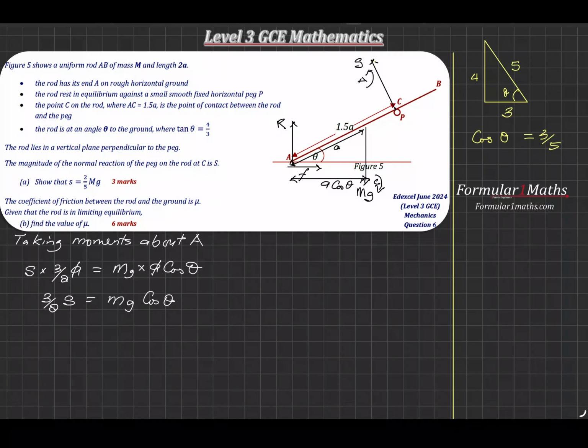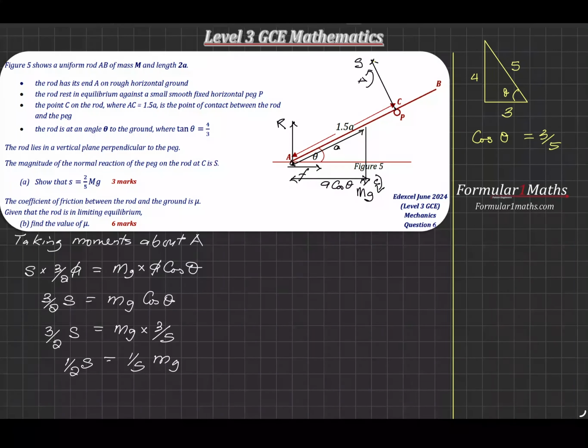So if I do that, I'm going to get 3 over 2 S is equal to mg times 3 over 5. If I divide both sides of the equation by 3, I'll be left with half S on the left-hand side and 1/5 mg. I can now multiply both sides of the equation by 2.